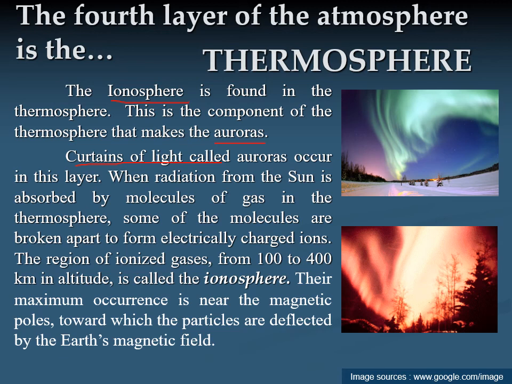When the incoming solar radiation falls on the first gaseous layer of the earth, the high energy of the incoming solar radiation will break the atmospheric gas and form some electrically charged ions.